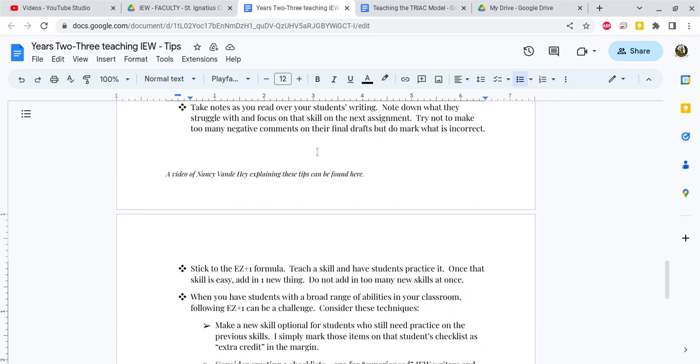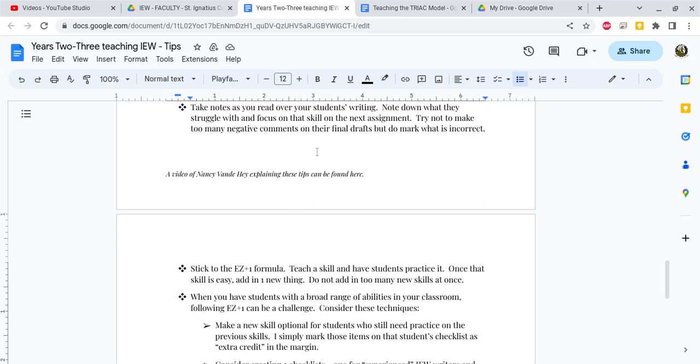Take notes as you correct your students' writing and use that as you're making the next lesson plan. If you find out, wow, they really struggled with topic sentences, their topic sentences really didn't fit the rest of the paragraph very well, then on the next writing assignment, make sure you really model that for them.